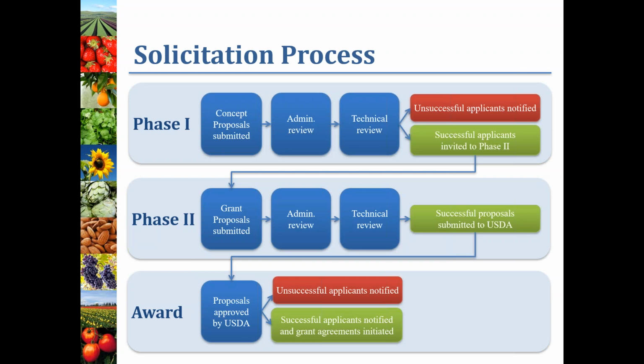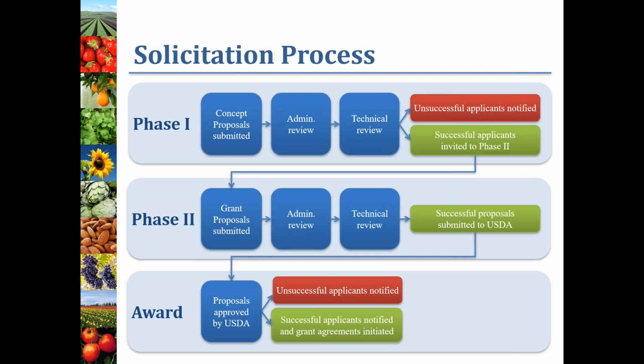The solicitation process is a two-phase process. In phase one, applicants submit concept proposals for their projects. They get reviewed, and then successful applicants are invited to participate in phase two, submission of a grant proposal. In phase two, applicants submit a more detailed description of their projects.